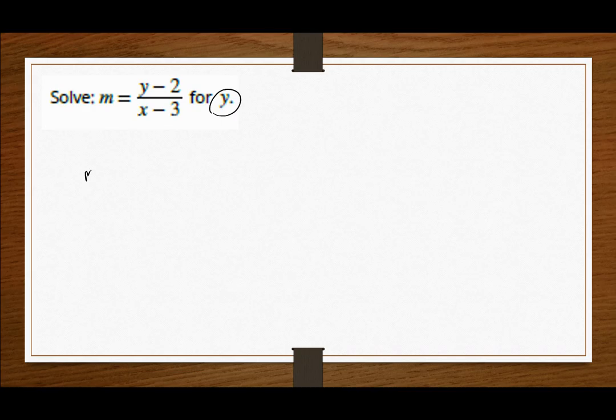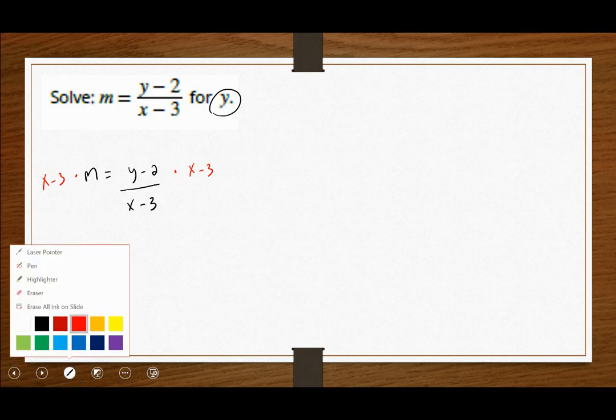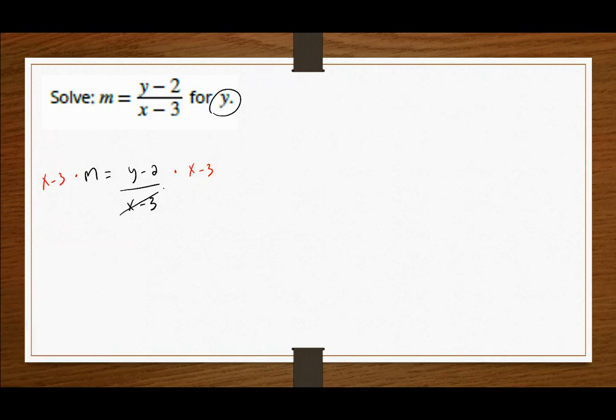Given my expression here, I can clear the fraction by multiplying it on each side. This is similar to multiplying everything by the LCD, but there's really only one denominator involved, so it's pretty clear that we just need to clear the fraction by multiplication of x minus 3 on each side.